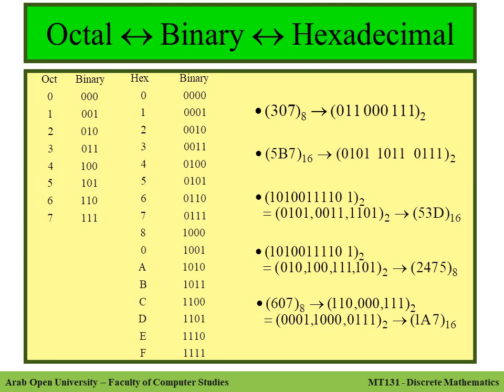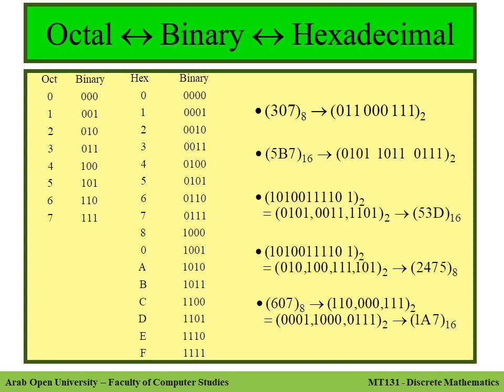But now to convert a number from base 8 directly to base 2, just replace each digit in base 8 by its equivalent, and replace it by 3 digits which are equivalent, and this is from the table. For example, 7 can be replaced now by 111. The digit 0 can be replaced by 000.